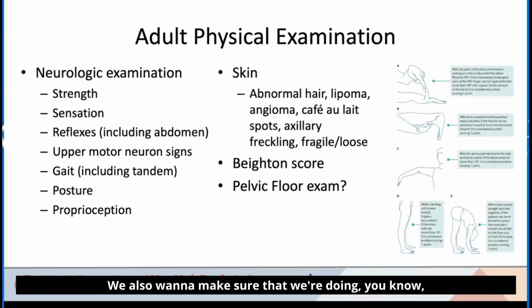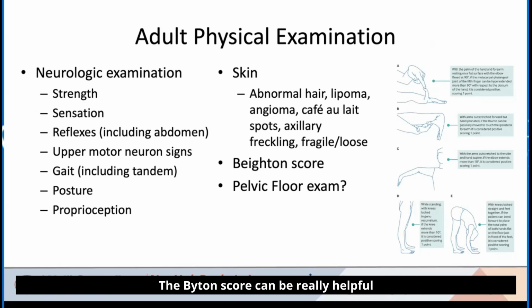We also want to do a good neurologic exam, checking strength, sensation, reflexes, including abdominal reflexes, looking for any upper motor neuron signs, evaluating their gait, including tandem gait, looking at posture, proprioception, and evaluating for things like the leg length discrepancy we talked about. I also think quickly looking at the skin, for any other systemic involvement, is worthwhile.